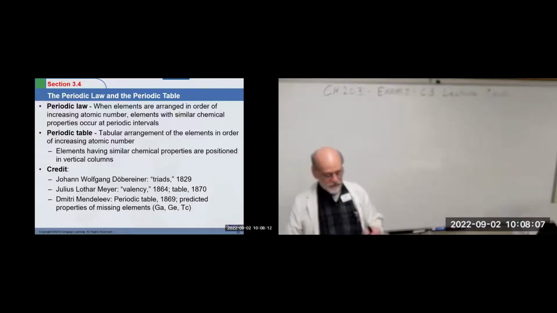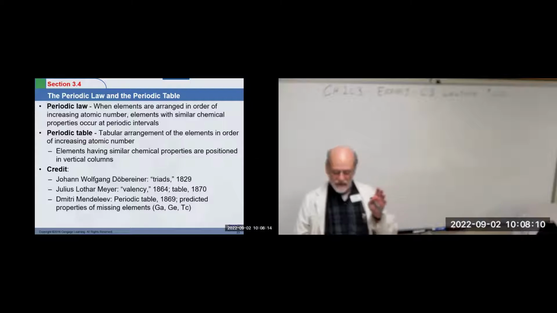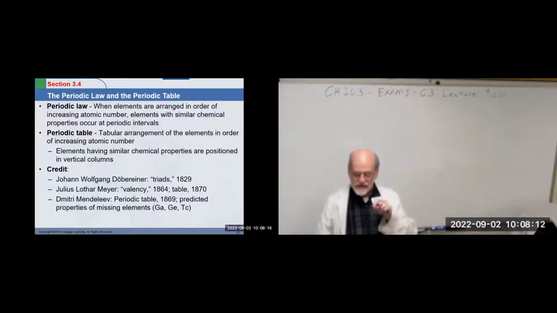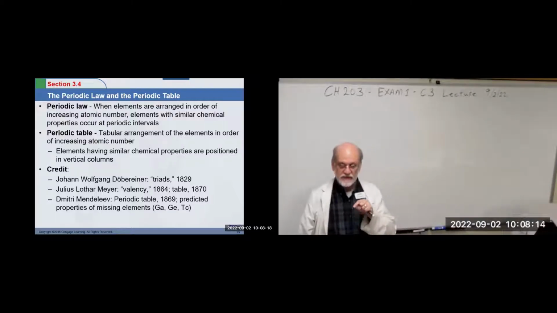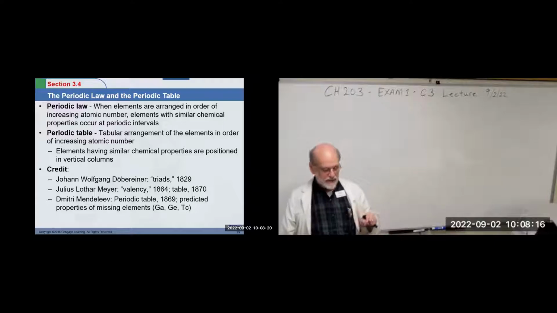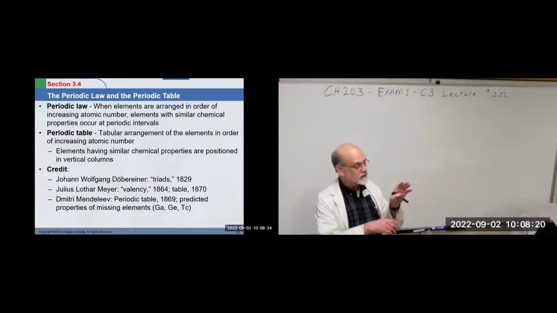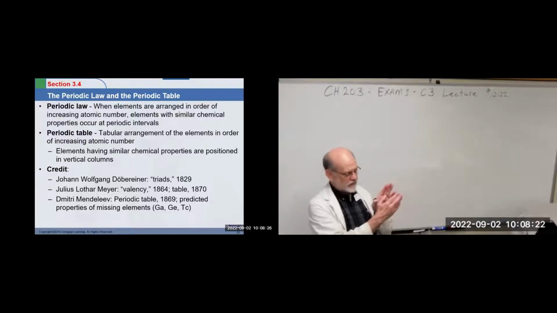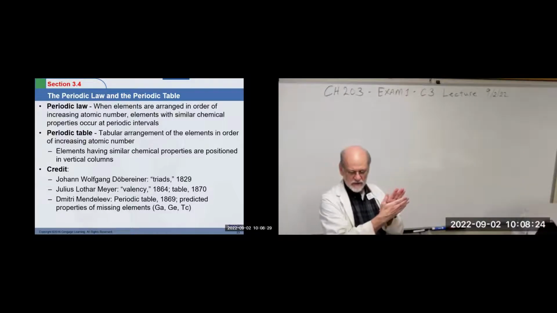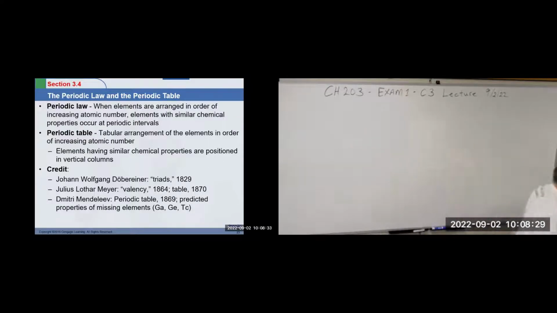Mendeleev, when he put his periodic table together, the reason he's given credit is because he made predictions. He grouped these things according to their characteristics, and if he came to a point where the next element that was known, say, I can't remember the detail.